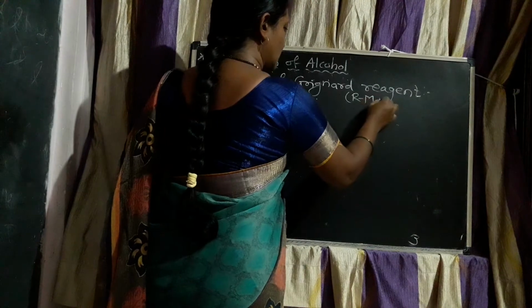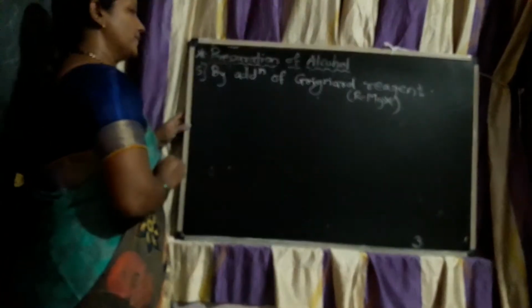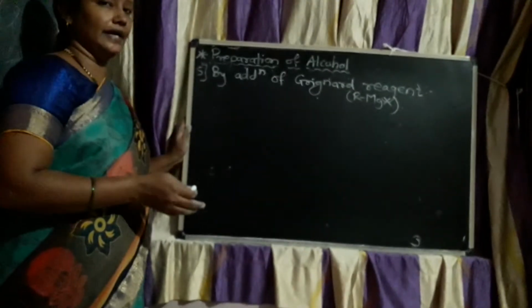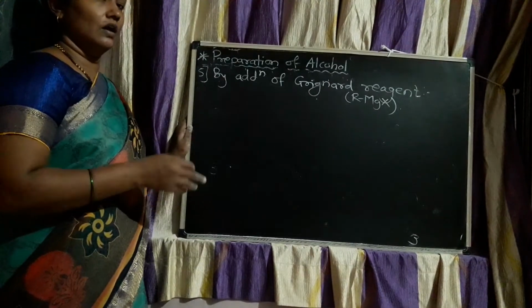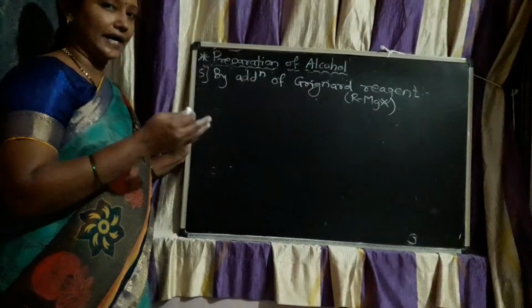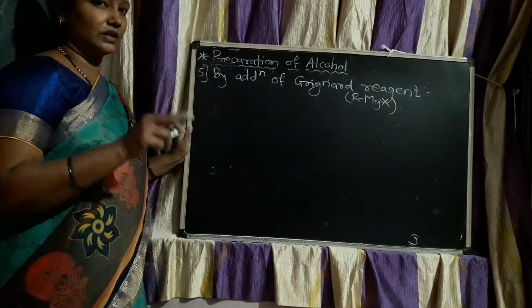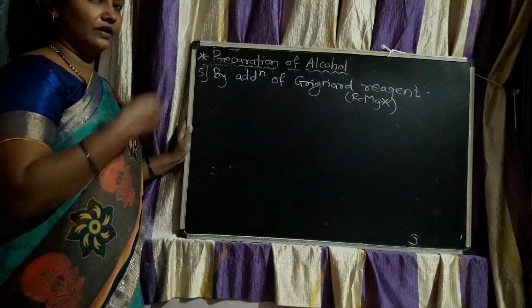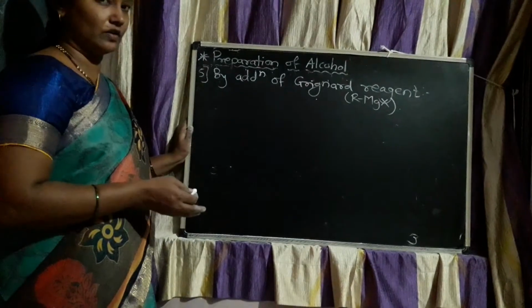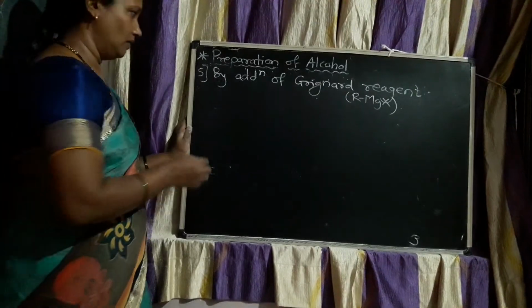It is the Grignard reagent. Now in this, aldehyde and ketone on addition with Grignard reagent first form the adduct, an intermediate addition product. Then which on acid hydrolysis forms the alcohol.